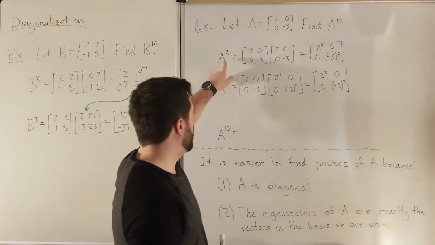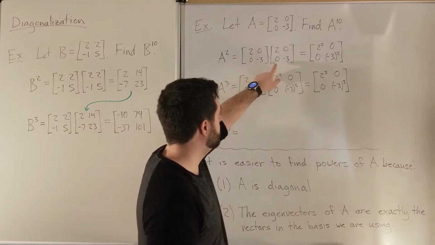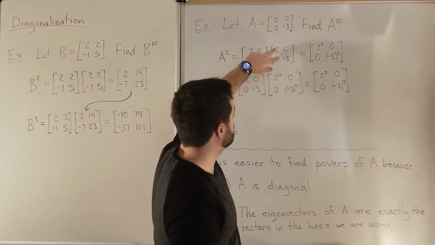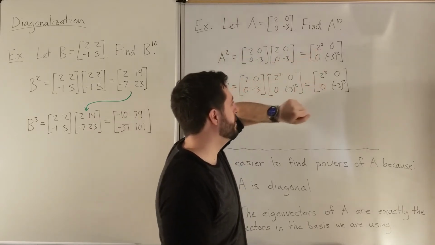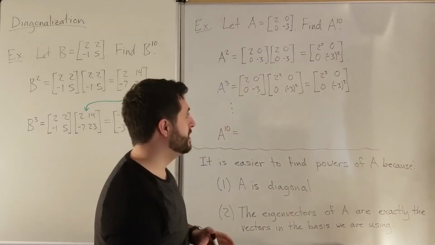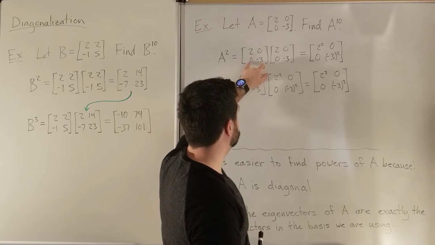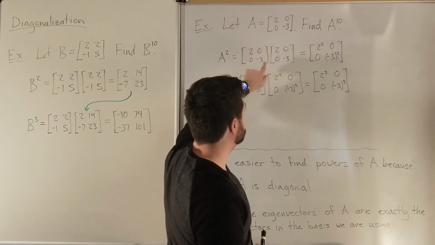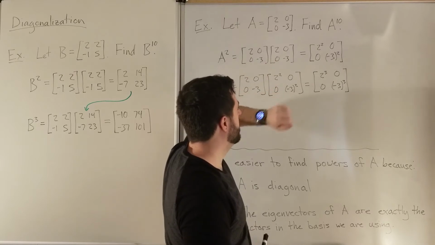Just looking at A squared here, when we multiply this matrix by this matrix, we have 2 times 2 plus 0 times 0 giving us this 2 squared up here. These off-diagonal entries are always going to be 0 because they come from 0 times something non-zero plus something non-zero times 0.